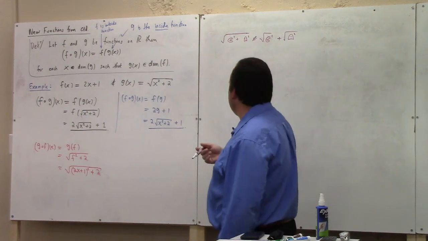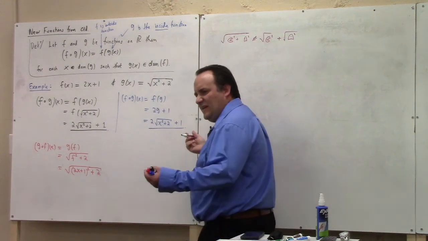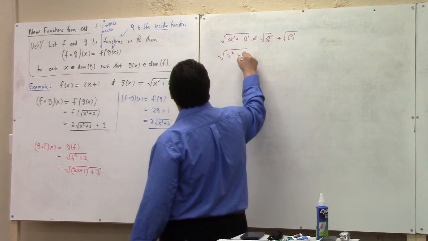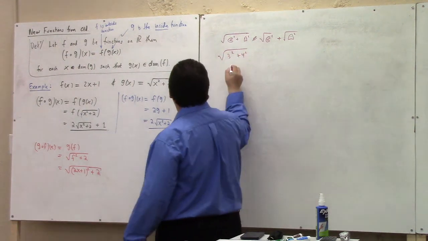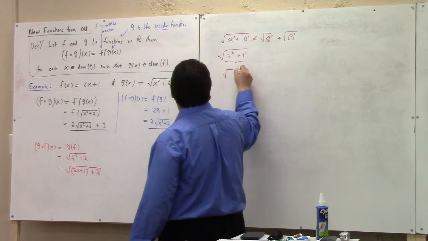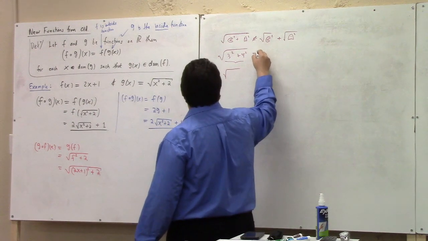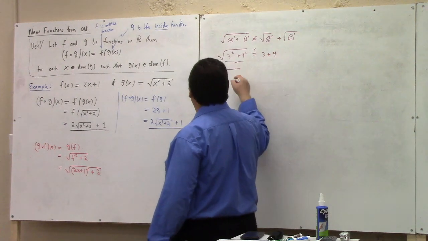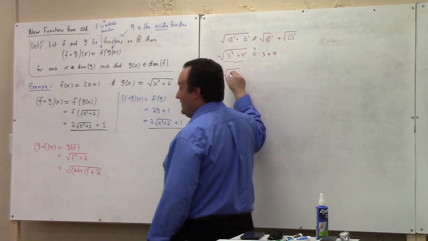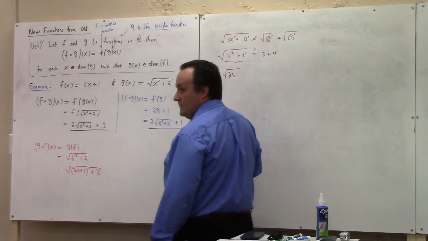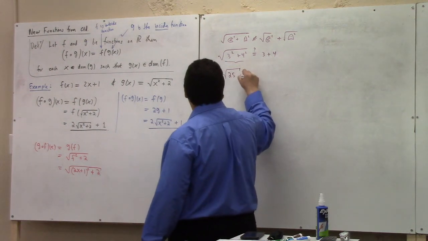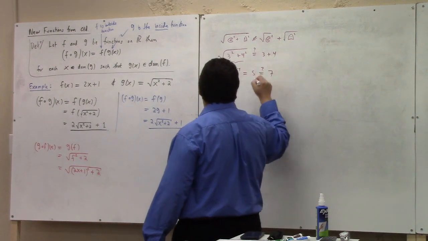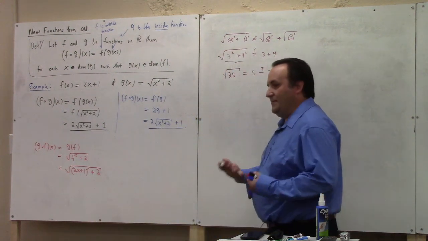For example, if you had the square root of 3 squared plus 4 squared, is that equal to 3 plus 4? Well, this is the square root of 9 plus 16, which is 25. And the square root of 25 is 5. Is 5 equal to 7? It's not, right? We can't make this simplification.